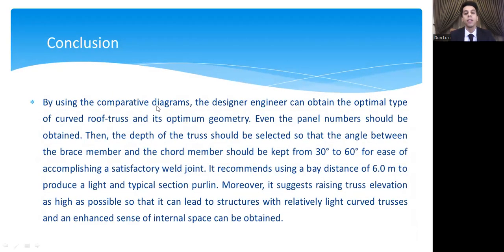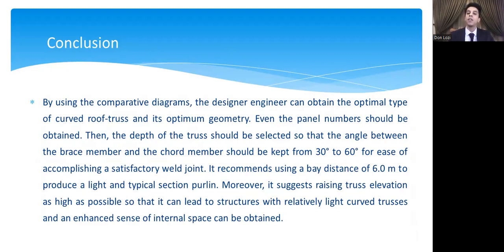Now, by using the comparative diagrams, the design engineer can obtain the optimal type of curved roof truss and its optimum geometry. Even panel numbers should be obtained, then the depth of the truss should be selected so that the angle between the brace member and the chord member is kept from 30 degrees to 60 degrees.